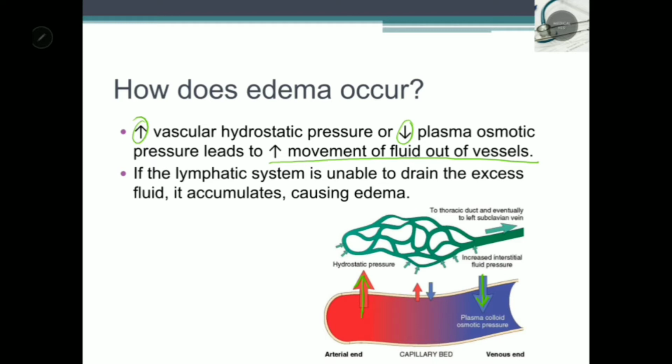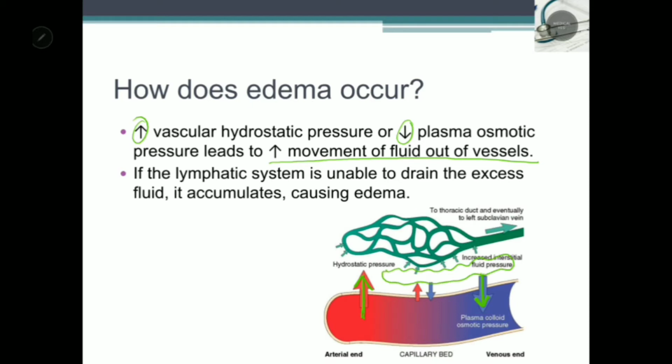It's logical, right? If the pressure that tends to push the fluid out gets increased, there will be more movement of the fluid out of the vessel. And if the pressure which tends to draw the fluid back into the vessel is somehow decreased, it is going to lead to more of the fluid staying in the interstitial space.